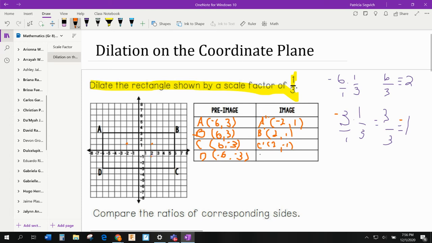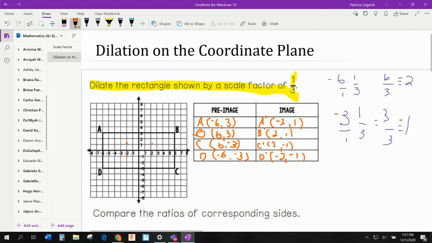And now for D prime, -6 times 1/3 is going to be -2, like we did earlier. And a negative 3 times 1/3 is a negative 1. So this would be negative 2, negative 1. Negative 2, negative 1 is going to go right here.